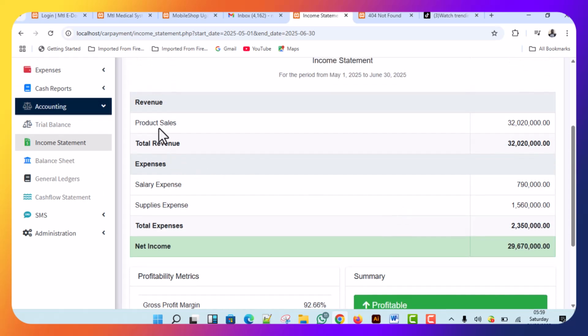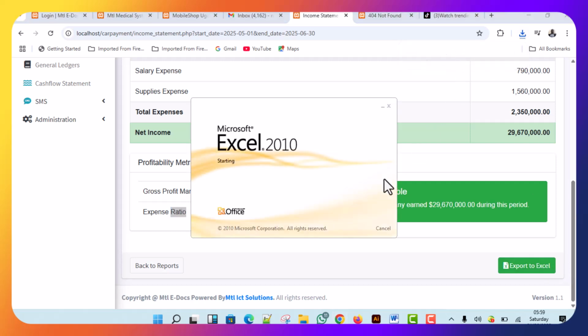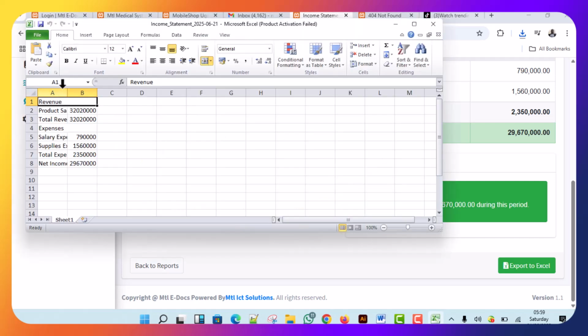You can see total sales is 32 million, the same as total revenue. Then expenses, total expenses 2 million, which means you have a net income of 29 million, which is a profit. With the gross margin percentage and expense ratio, it means your business is performing better. So you can export the report. This is the report.